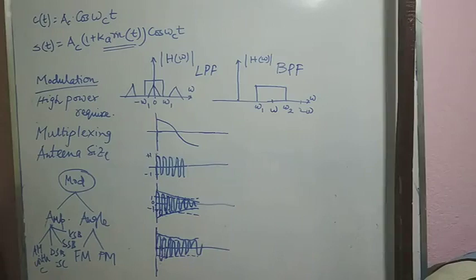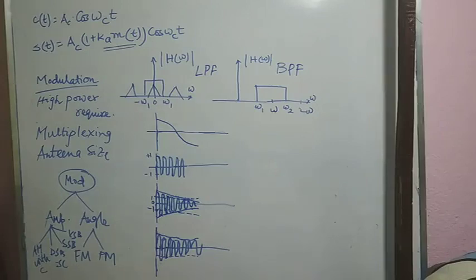Therefore, our motto is to use another signal which has higher frequency, higher power, and which can transmit a long distance. We will superimpose the message signal on the high frequency, high power carrier signal, and the carrier will carry the message signal.